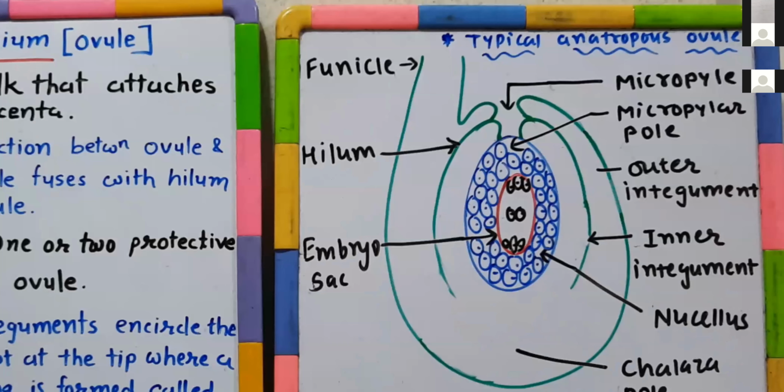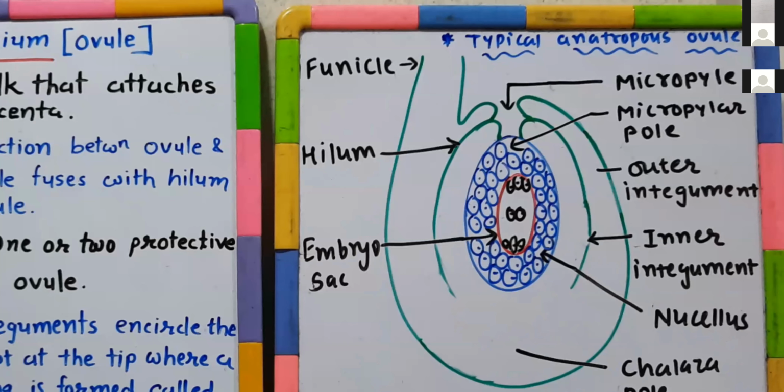A megasporangium is called an ovule. Here we have on the screen the diagram of a typical ovule, specifically an anatropous ovule. At the end of the topic, remind me to explain what the anatropous category of the ovule is.